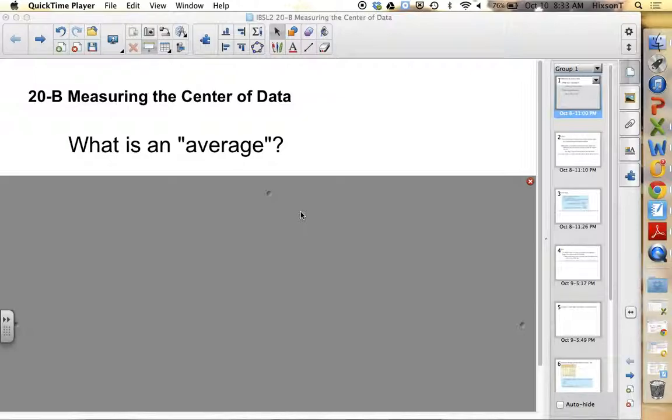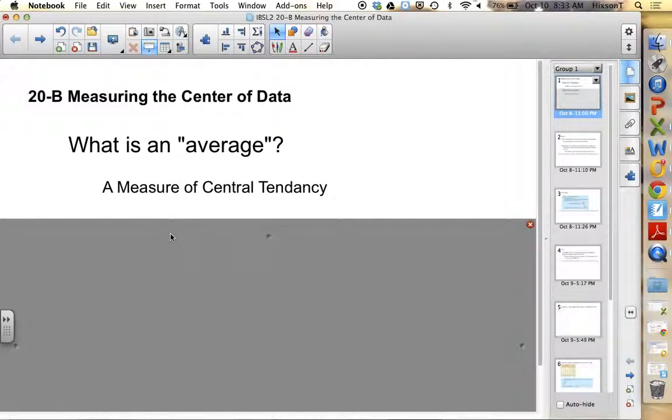But when we're talking about an average mathematically, really what we're talking about is a measure of central tendency. Okay? A measure of central tendency. You know, where is our data centered?